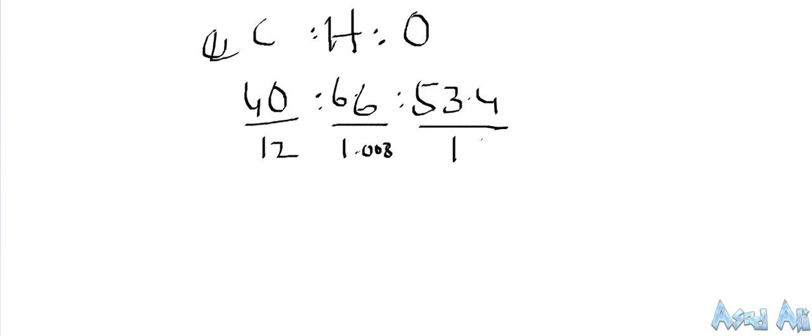First write C ratio H ratio O. The carbon percentage was 40, hydrogen was 6.6, and oxygen was 53.4. Now divide by their atomic masses, 12, 1.008, and then 16.